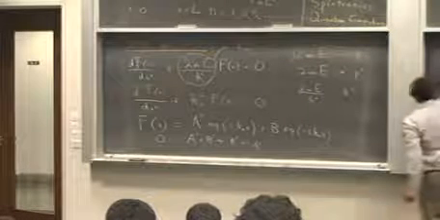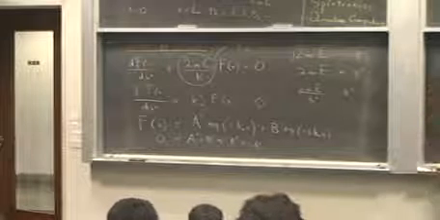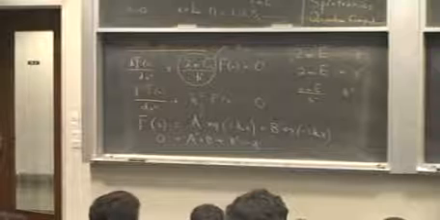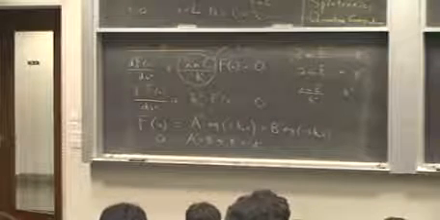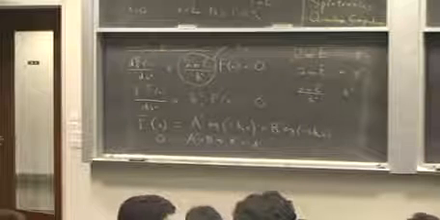So this means that the function f of x equals a dash exponent iota kx x minus exponent minus iota kx x.